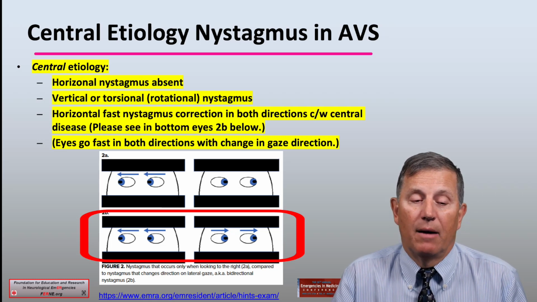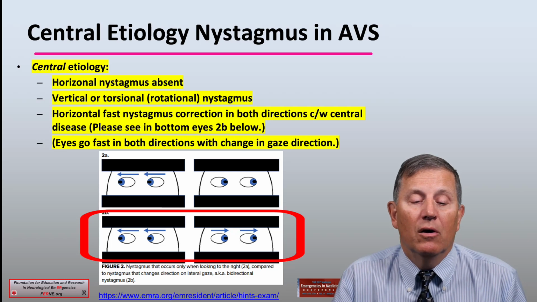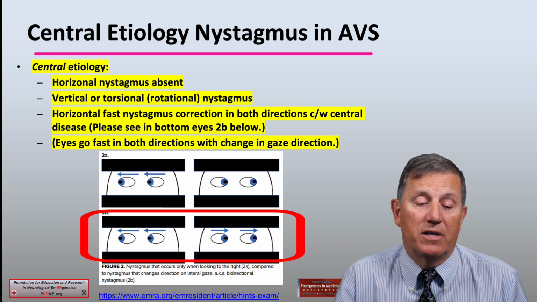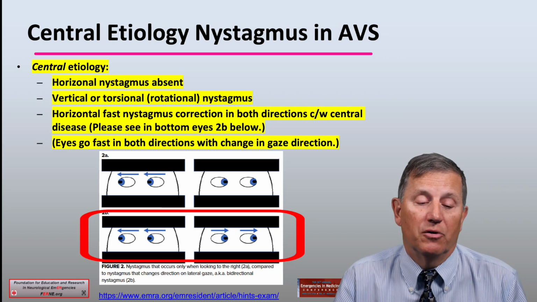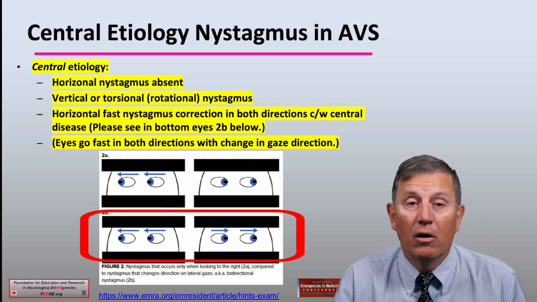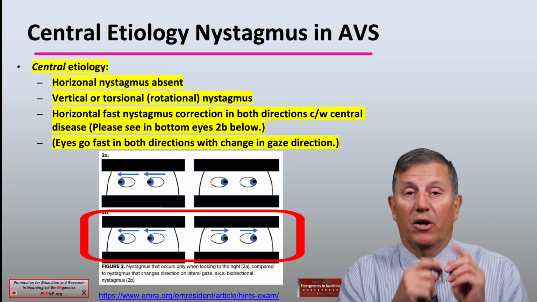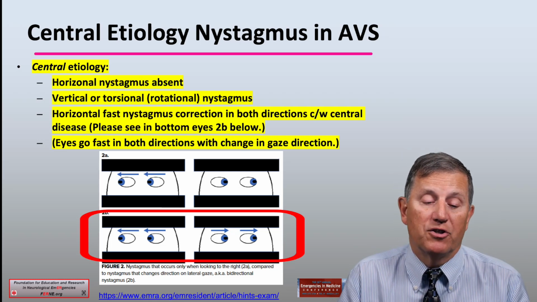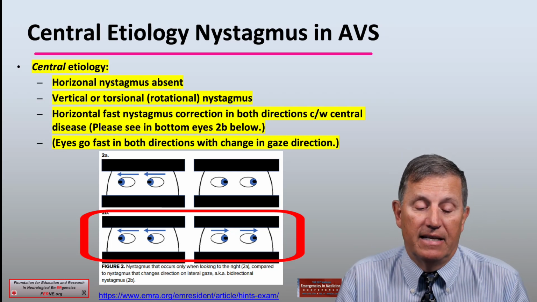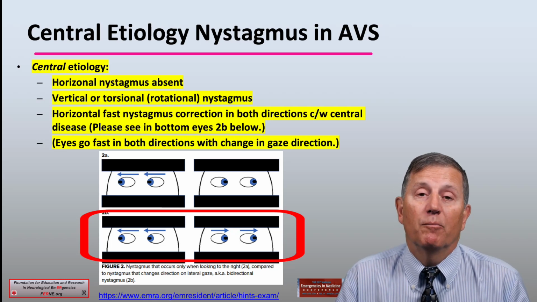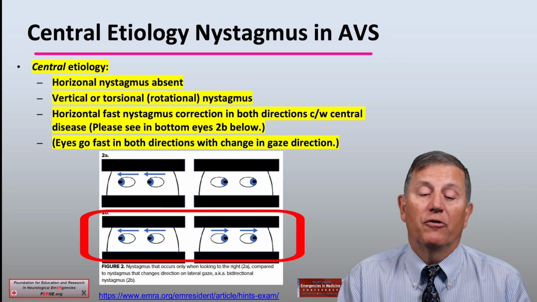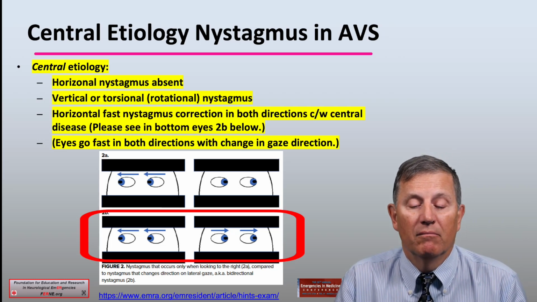So, in summary, central etiology: no horizontal nystagmus whatsoever, or vertical or torsional rotational nystagmus, or horizontal fast component correction in both directions. And this is an example in red in the picture of fast component correction in both directions that would suggest a central etiology.